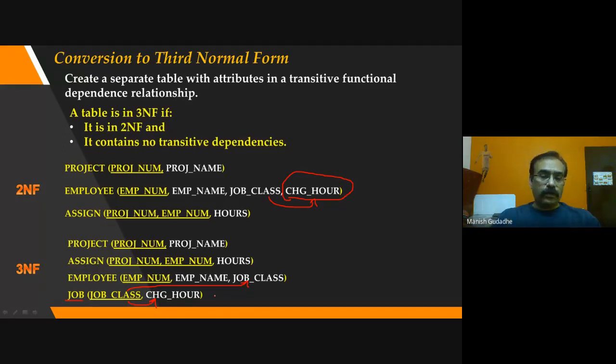Tomorrow we don't have a lecture, but probably I will post a video for the BCNF and fourth normal form. Please go through that because I want you to understand that concept before you implement the database in the practical.